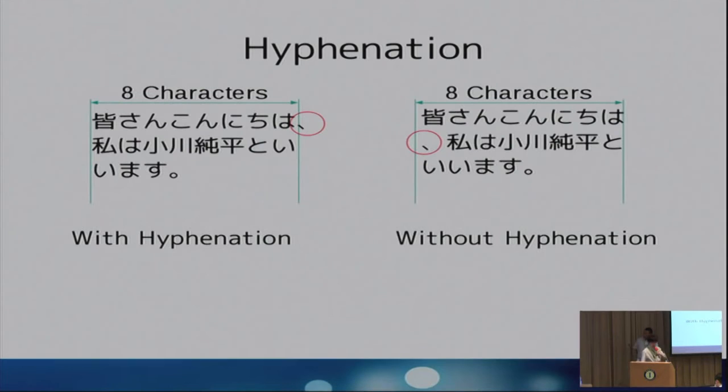Or, sorry, this is the Japanese case, but you know that character. Probably this is also used in Chinese. This is the same as a comma. A comma can't be at the start of a line. So if hyphenation is enabled, it is automatically moved to the end of the previous line.